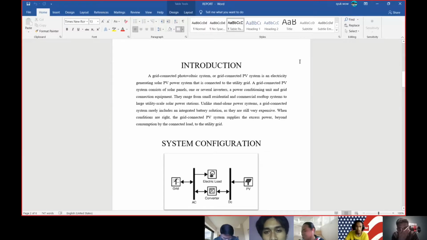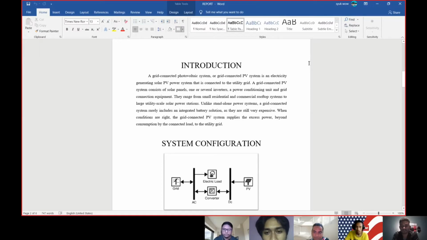A grid connected PV system consists of solar panels, one or several inverters, a power conditioning unit and grid connection equipment. They range from small residential and commercial rooftop systems to large utility scale solar power stations.